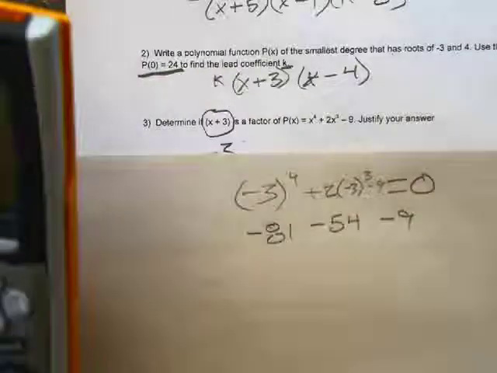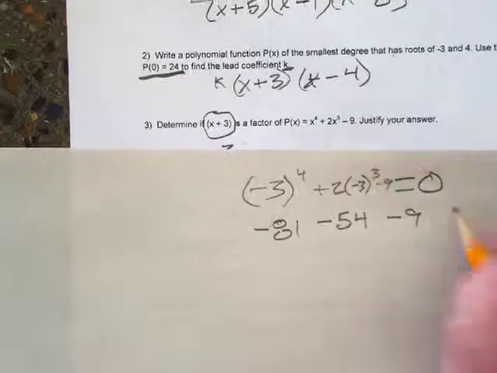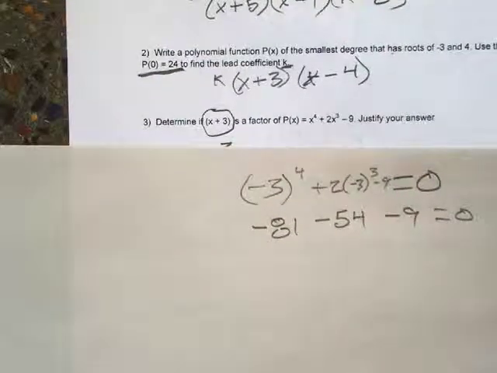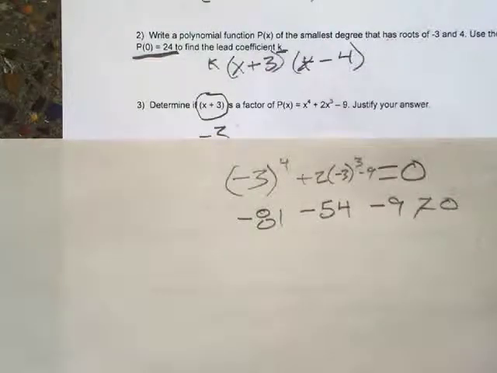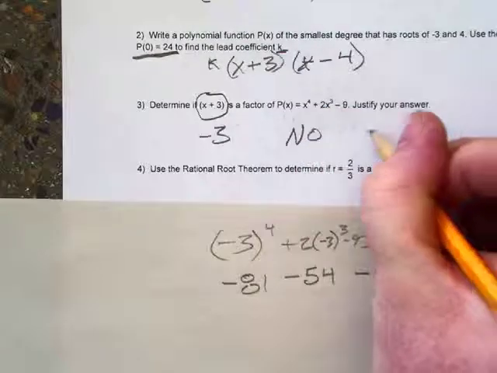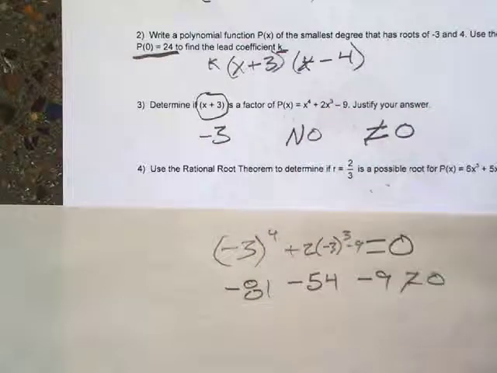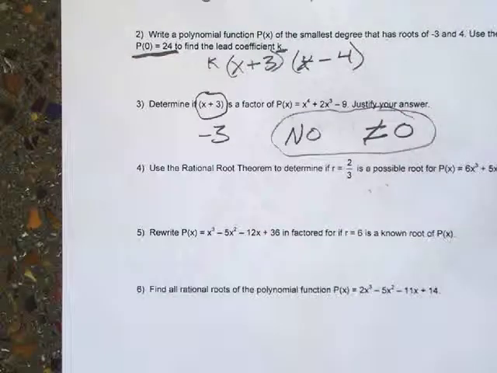And if we go through and simplify all of those, we're going to see that it's not going to work. It's not going to equal 0. So when it doesn't equal 0, then it is not a factor. So the answer is no, because it does not equal 0. And that's justifying your answer. That's how we go through it.